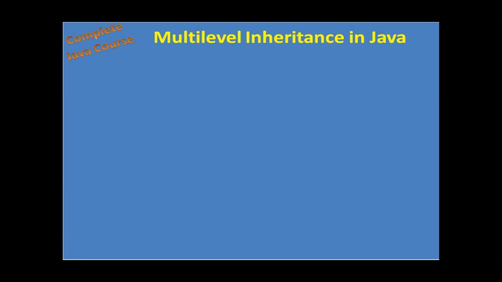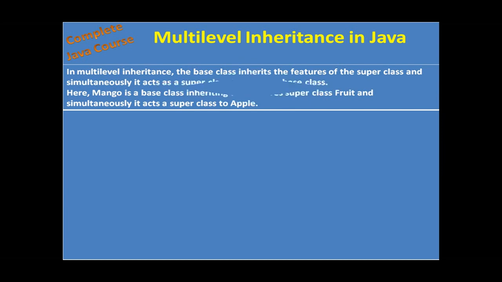Now, multi-level inheritance in Java. In multi-level inheritance, the base class, meaning the subclass, inherits the features of the superclass and simultaneously it acts as a superclass for another base class.